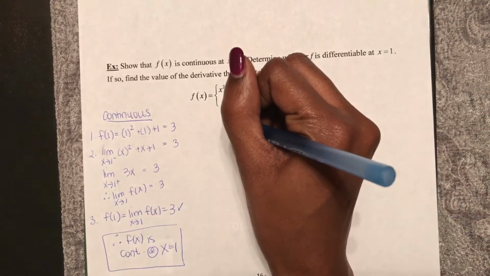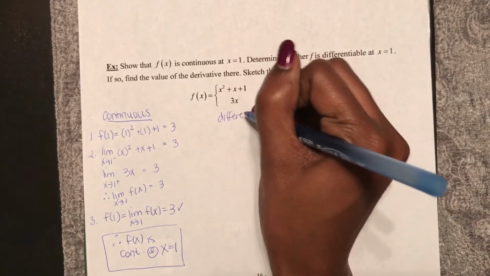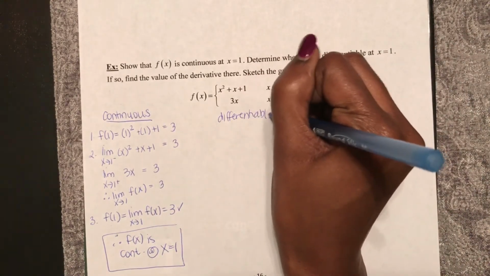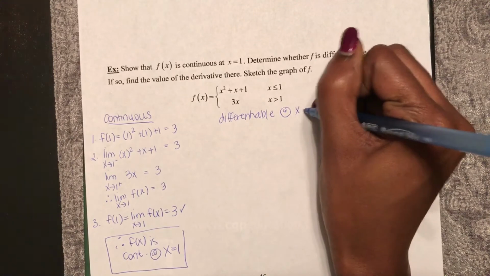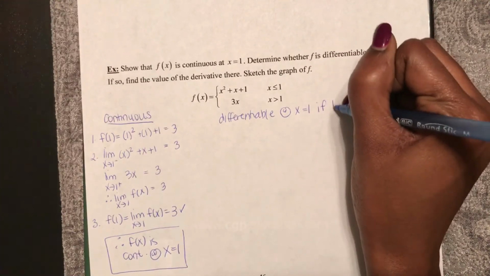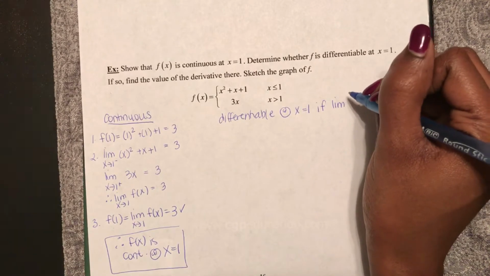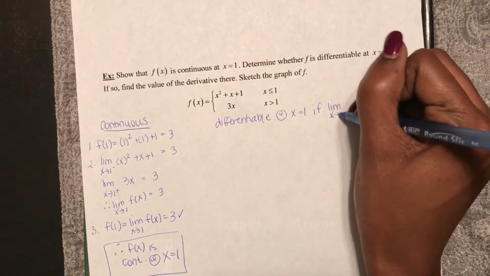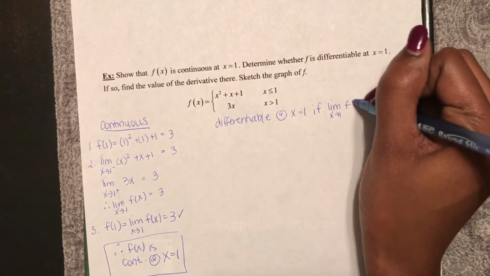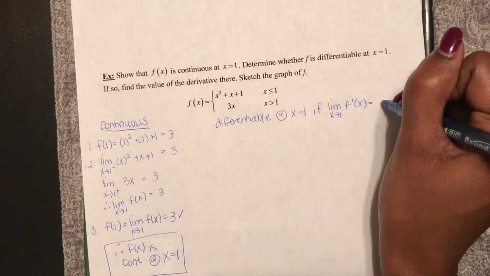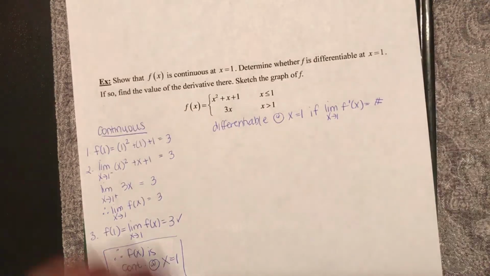So it's differentiable at x equals 1 if the limit as x approaches 1 of f prime of x equals some number.